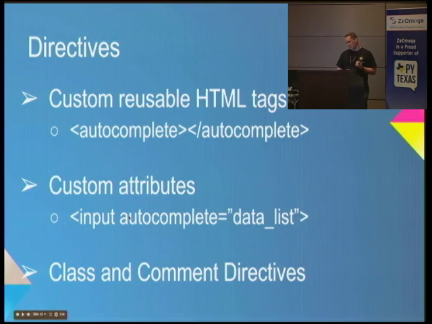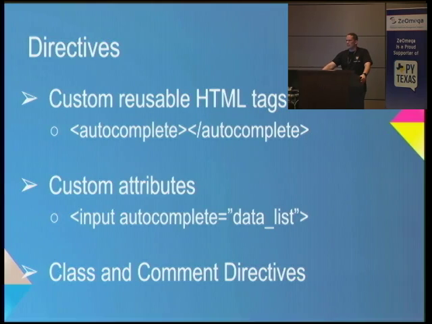And so with this example here, say I have a list of text that I want to autocomplete on. You can say, hey, I want this directive to have an input, and you give it a list of things. You can also do a directive for a class or a comment.